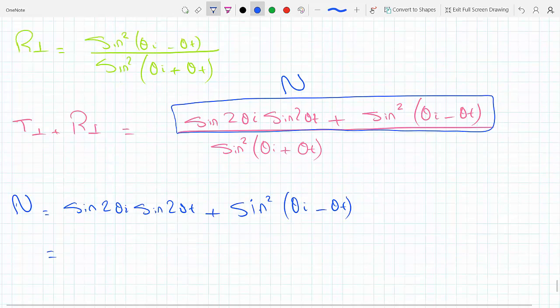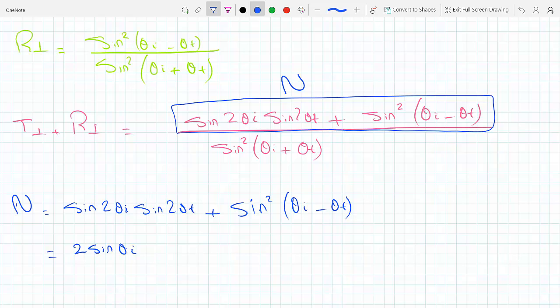Okay, so I will use the trig identity. Sine 2 theta I is 2 sine theta I cosine theta I, and same thing for sine 2 theta t, 2 sine theta t cosine theta t plus, now I could put this squared over the whole thing and open up the angle difference.